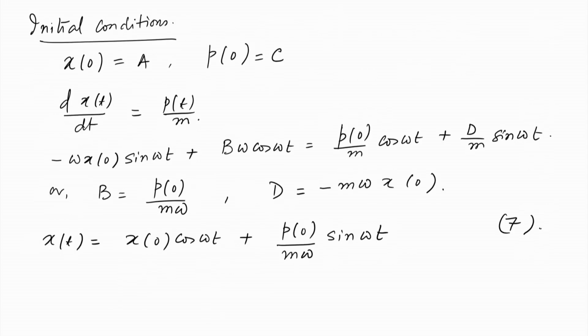So, what we are asked to calculate is the correlation. So, c of t is equal to the correlation of x of t and x of 0. So, I simply multiply this by x of 0 and take the correlation in the ground state of the oscillator.